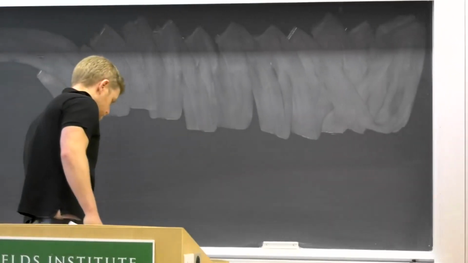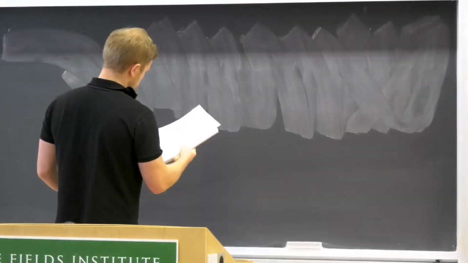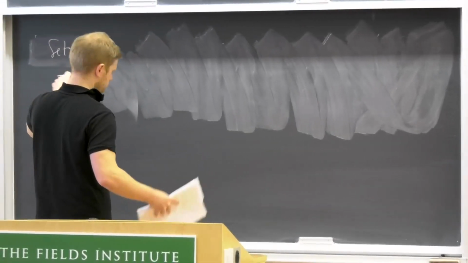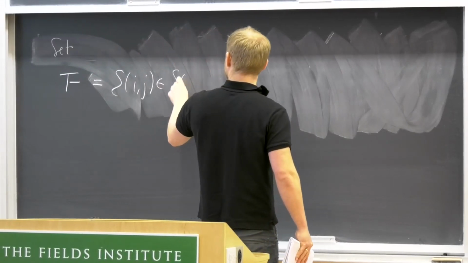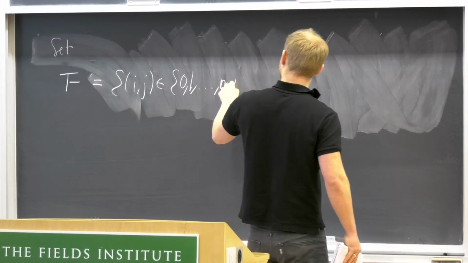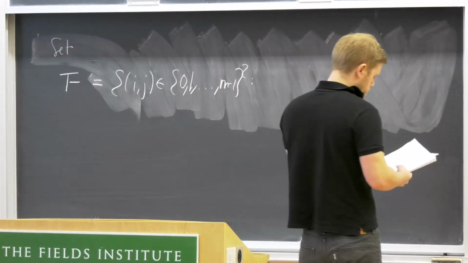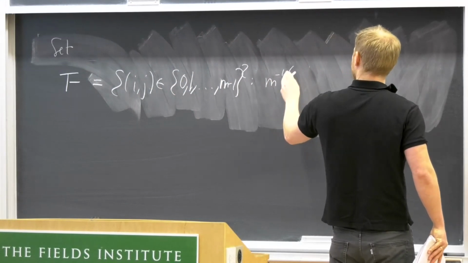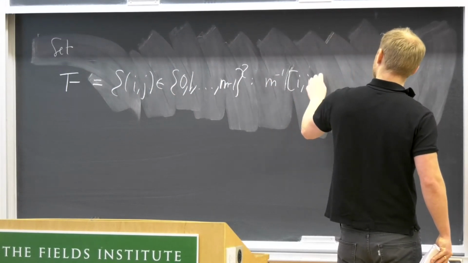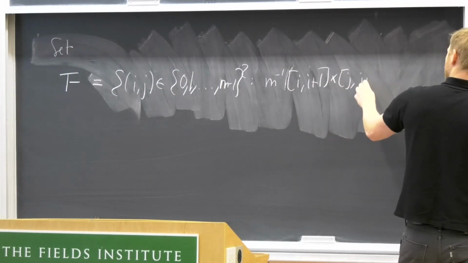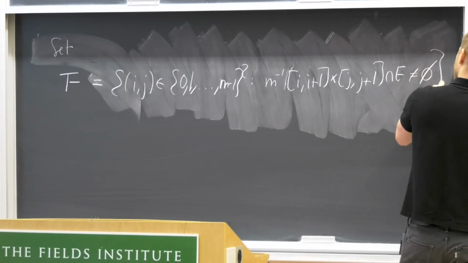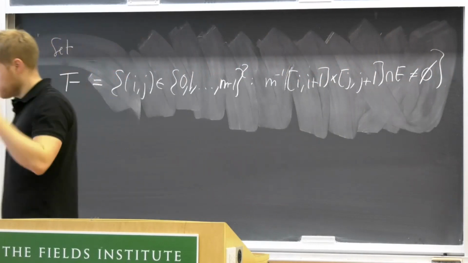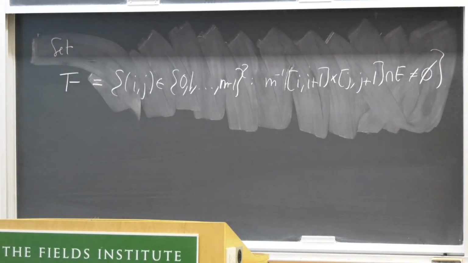So let me define things here. Define two sets. F will be all the ij's in 0, 1 to the m minus 1 squared, such that the corresponding boxes intersect with E. So this F, if you go back to the picture, will be all those boxes that intersect with these wiggly lines.